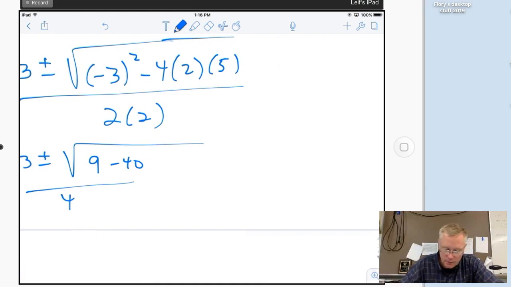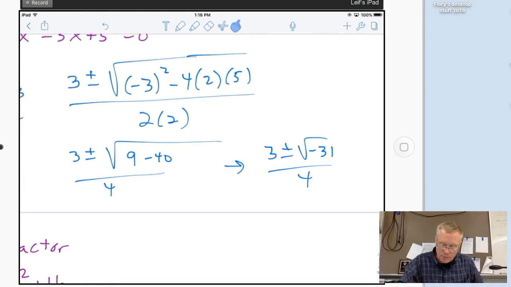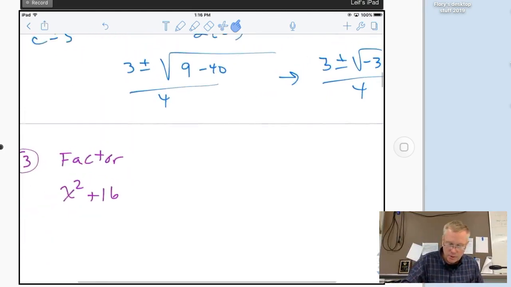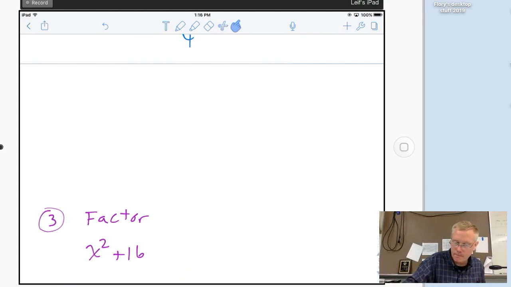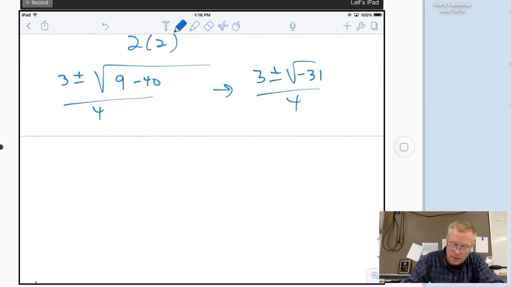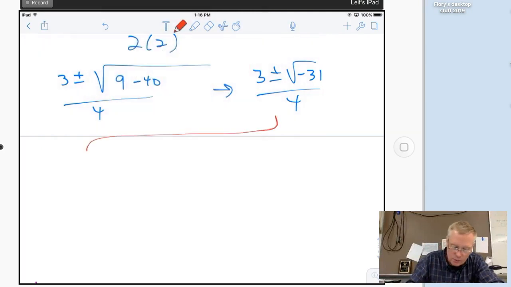And when I go 9 minus 40, that's 3 plus or minus the square root of negative 31 over 4, which means you're going to need to reduce this and turn it into i's. You should have no negative numbers under the radical by the time you're done, which means this is 3 plus or minus the square root of 31 times i, all over 4.